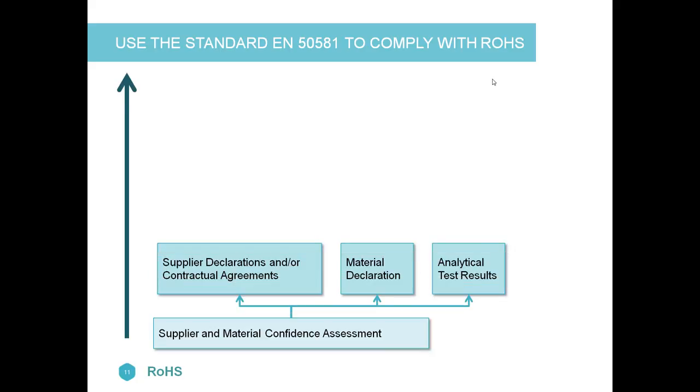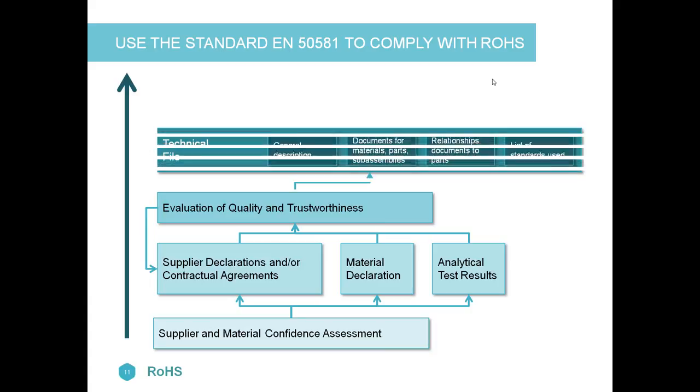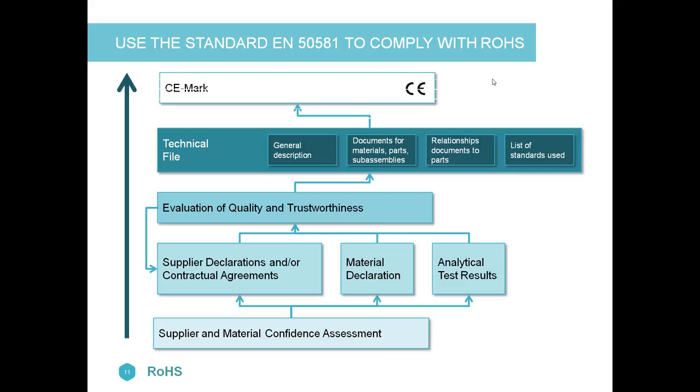And that can be solved with a few different ways, of course. You can have contractual agreements, you can use material declarations or test results, which is quite expensive usually. Then, of course, you need to evaluate the information that you have from your supplier base and put together your technical file before you can actually have the CE mark in place. So we'll look into a few of those areas that are needed here.